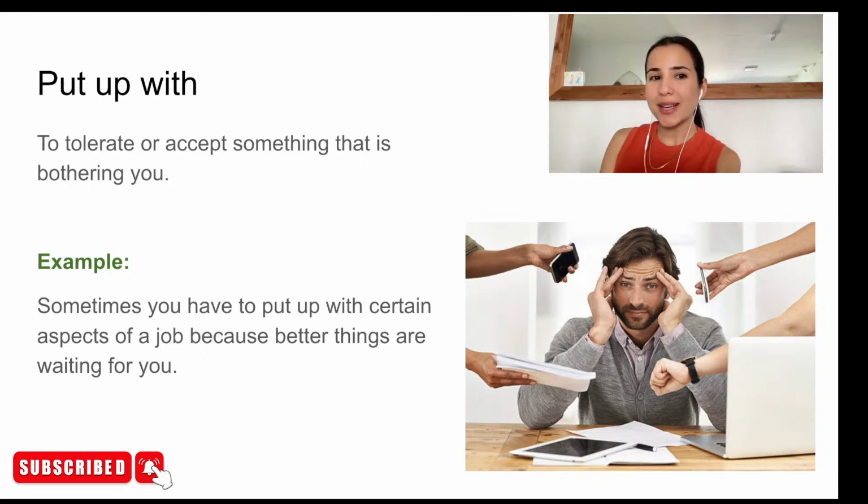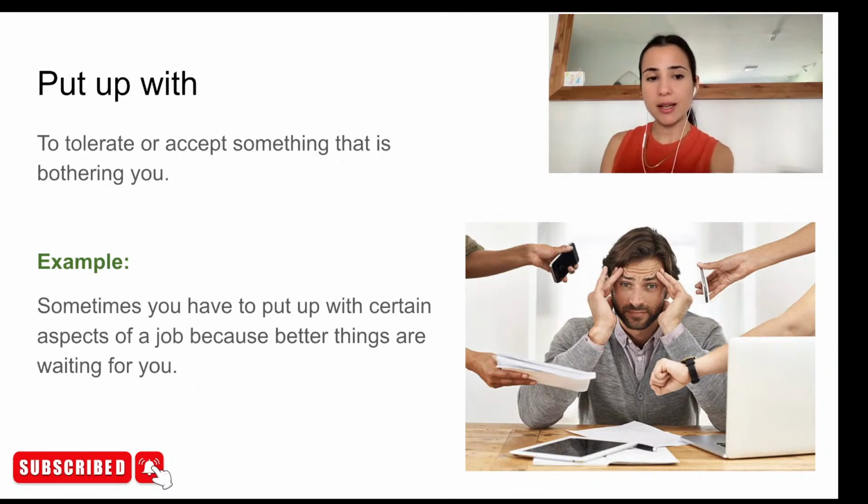To put up with. Okay, this is another good one. This is when you tolerate or you accept something that is bothering you, it's annoying you, it's a burden or an inconvenience for you. So this is what put up with means. So you can put up with certain people, you can put up with certain jobs, with problems. There's different things and different people that you can put up with.